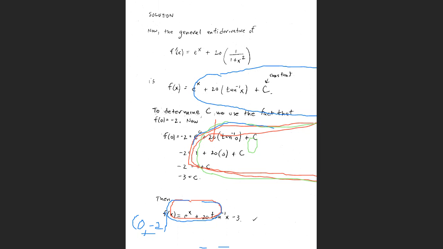So when you get antiderivatives, you're going backwards. It's the opposite of taking derivatives. It's anti-differentiation. You're used to differentiation. Now you're doing anti-differentiation. But it should be pretty simple.